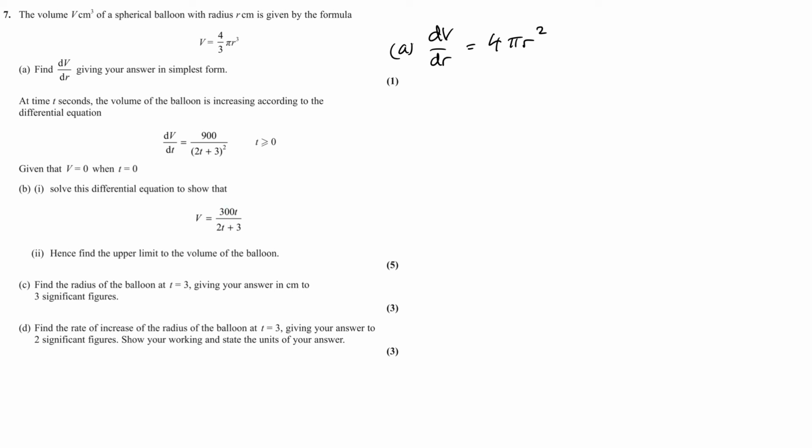Okay, so part B1, start with dV by dt, 2t plus 3 squared, and what we've got to do here is integrate it, so we get it plus c, and then we will just solve then. Oh, right, let's see.